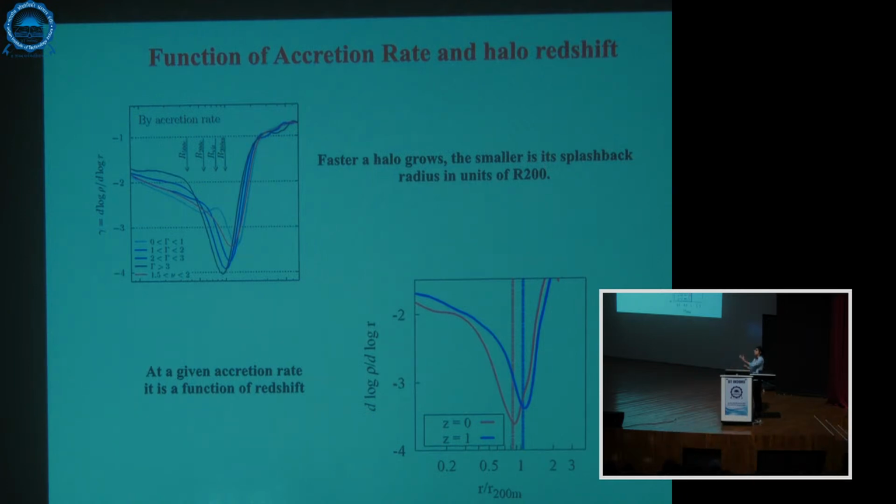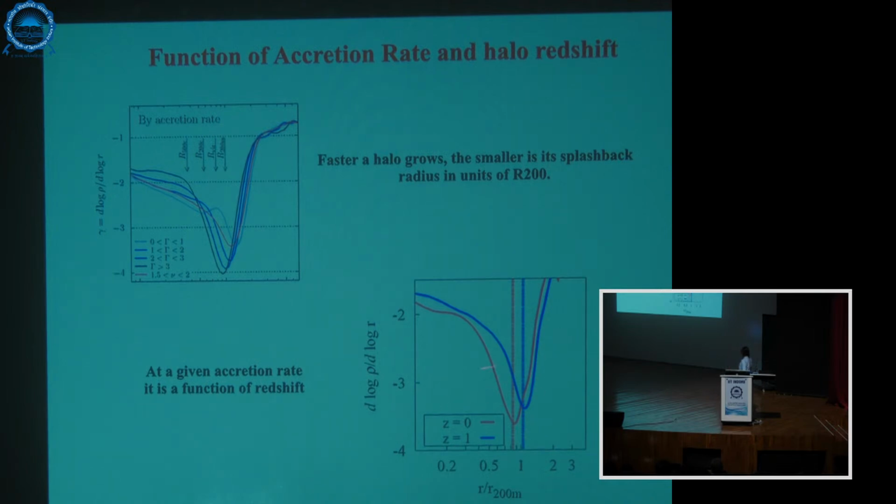So if your potential is growing faster, at every orbit the particle cannot go out far enough, right? So if you increase the accretion rate of the halo, the first apocenter shrinks to a smaller and smaller radius, in units of r over r vir. Sorry, the label is not there. So a faster accreting halo has a smaller splashback radius.